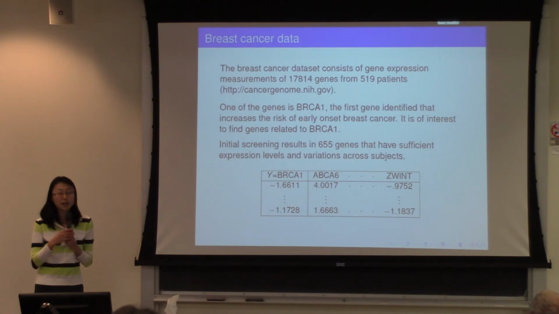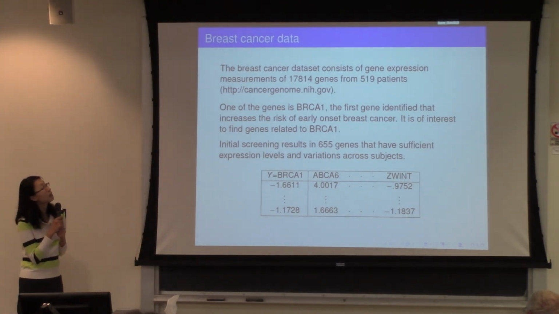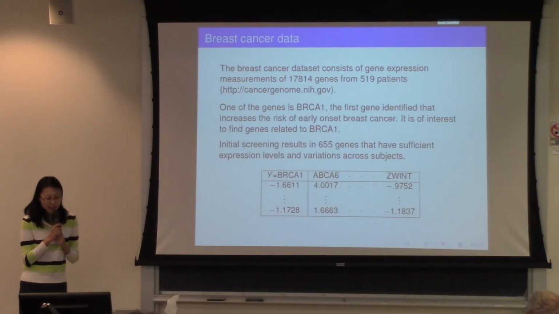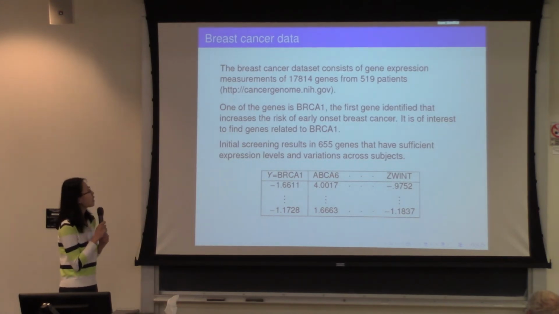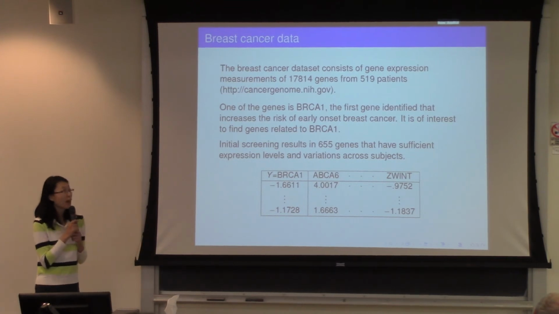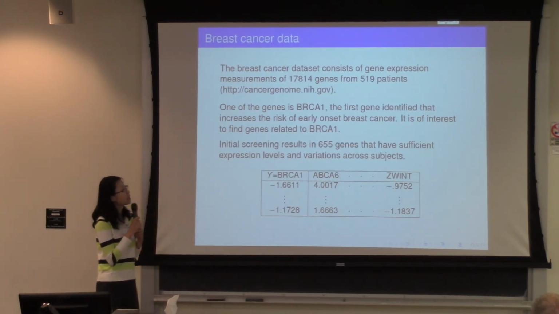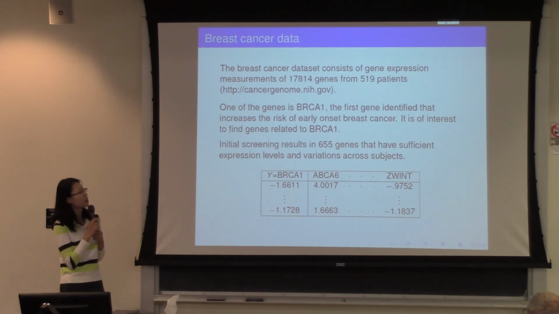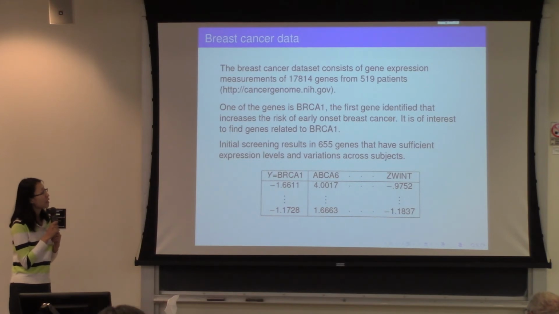All right, so let's put our tool into use with breast cancer data. We have a data set that contains the gene expression measurements of many genes from some 500 patients. One of the genes, BRCA1, is the first gene identified that increases the risk of early onset breast cancer, and our study here is to find genes related to that.